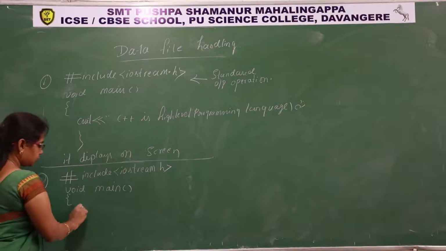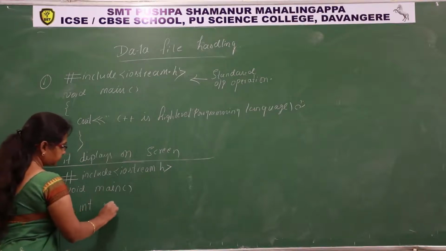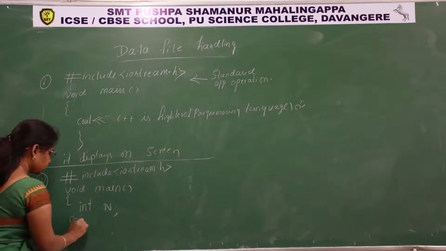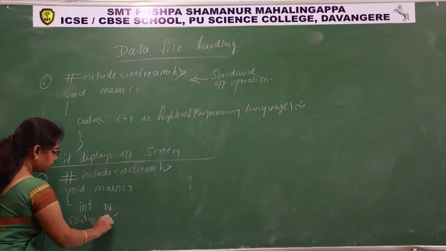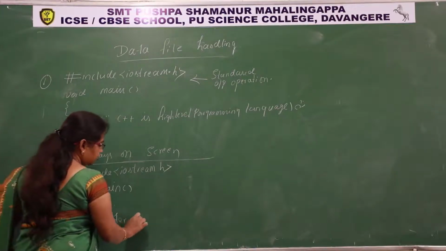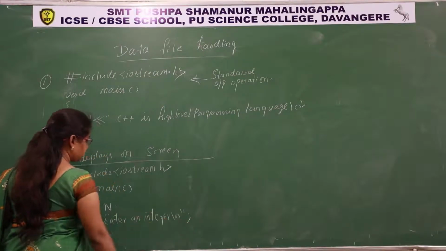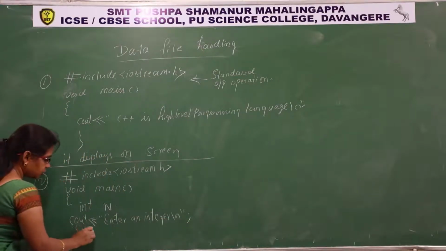I will take an integer, int n. To store an integer, I need a variable, so I declare the variable here. cout insertion "Enter an integer", cin extraction n.